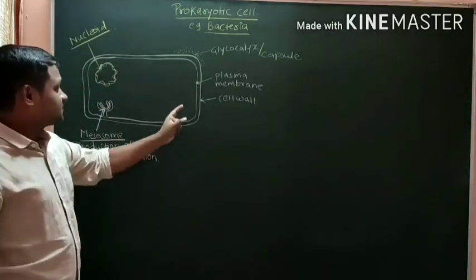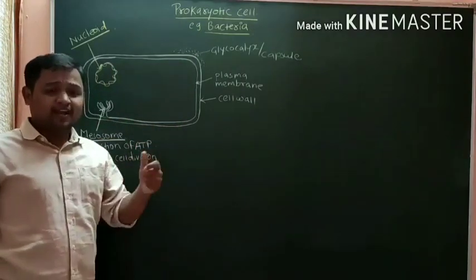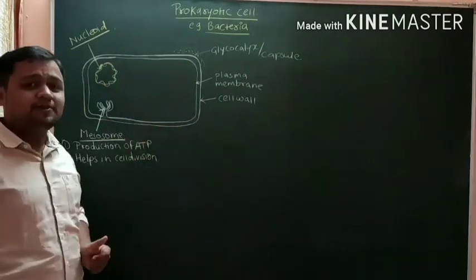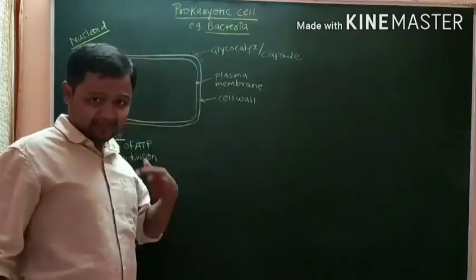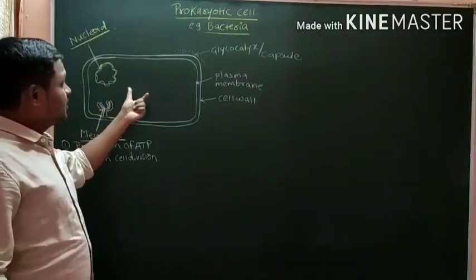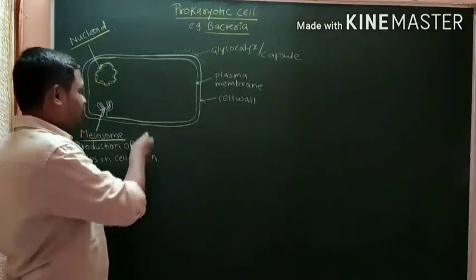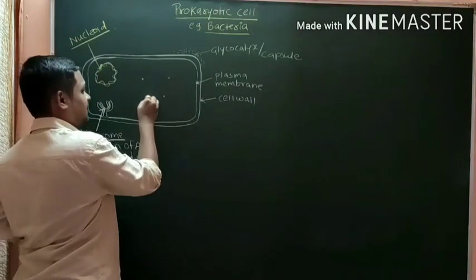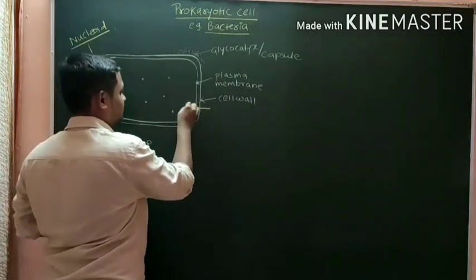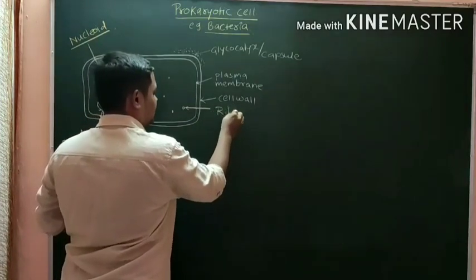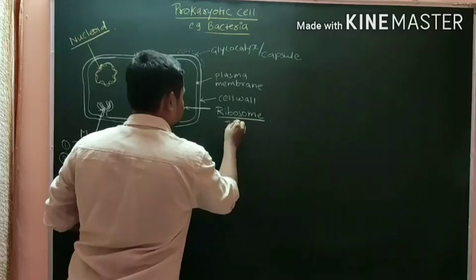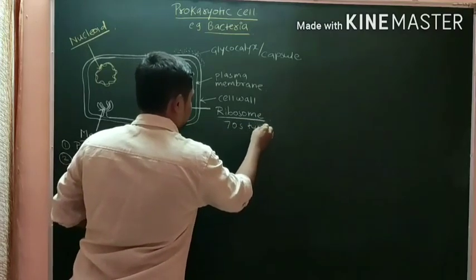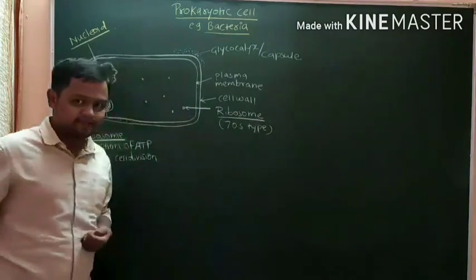After that, as I discussed earlier, there is absence of typical double-membranous cell organelles. The only cell organelle present is ribosome, and this ribosome is of 70S type, which helps in protein synthesis.